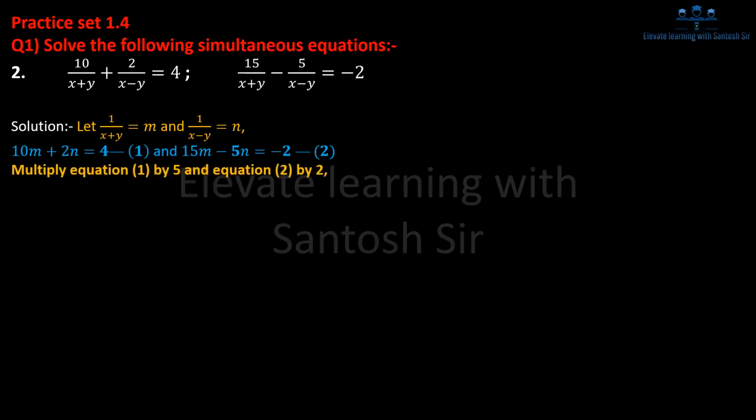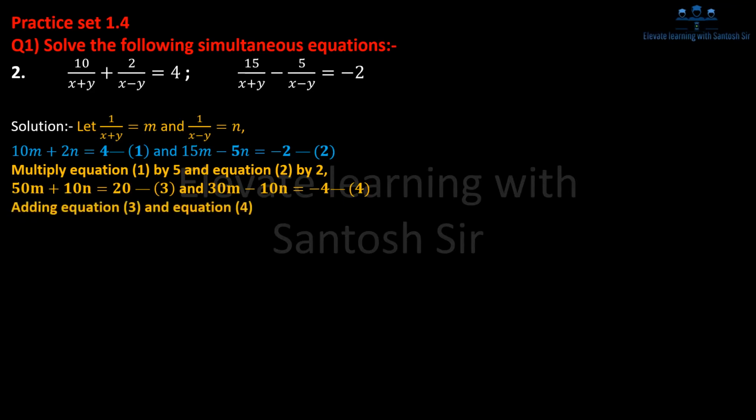We are multiplying equation 1 by 5 and equation 2 by 2. So 2 times 5 will give us 10 and 5 times 2 will also give us 10. So this time also we are trying to equate the coefficient of n. On doing this, we will get plus 10n in equation 3 and minus 10n in equation 4. Now we can simply add these two equations.